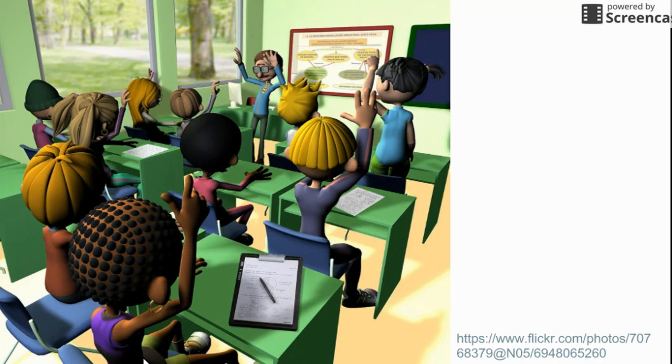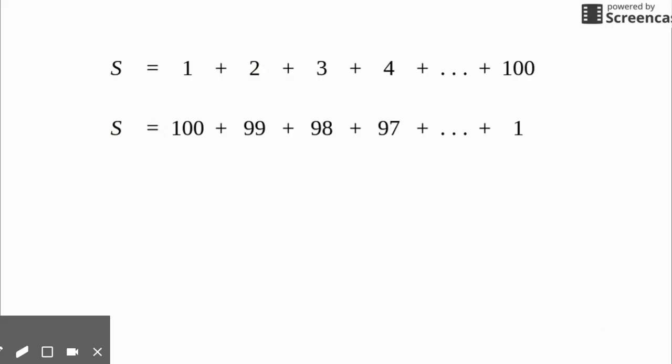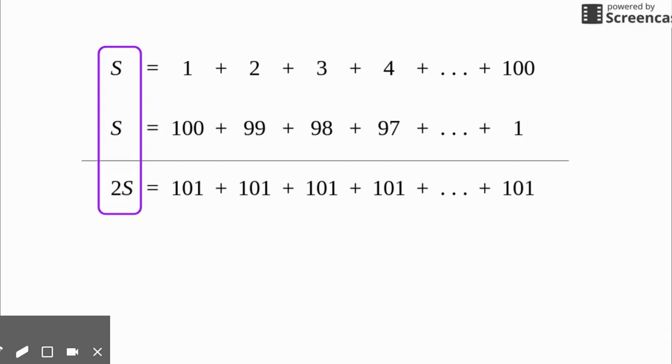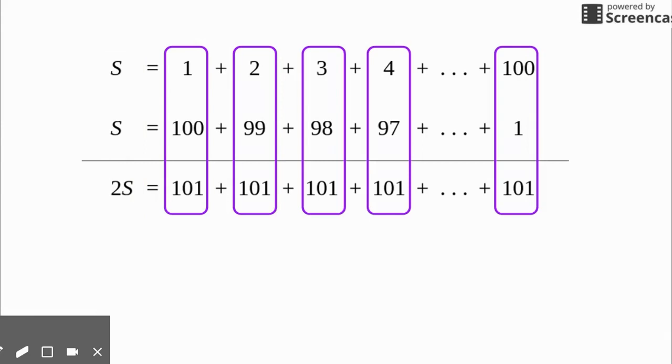It turns out there is a shortcut that can be used as follows. Consider writing the sum twice, like this. Because in each equation, the left side is equal to the right side, we know that the sum of the left sides, 2s, will be equal to the sum of the right sides, which will be 100 pairs of 101, or 100 times 101.